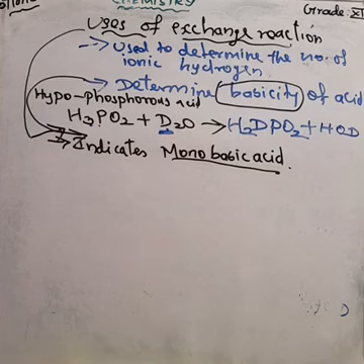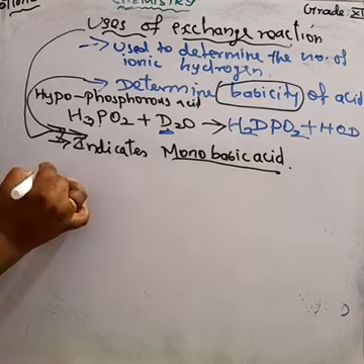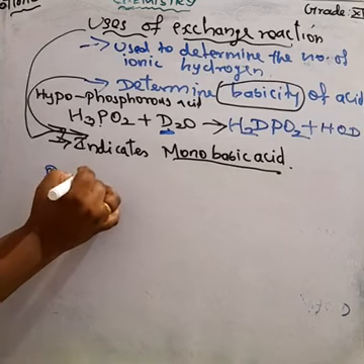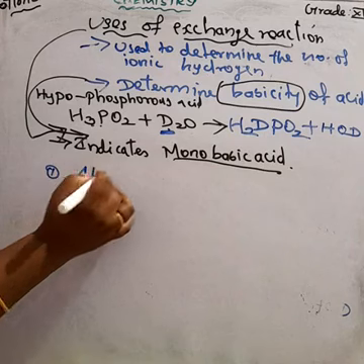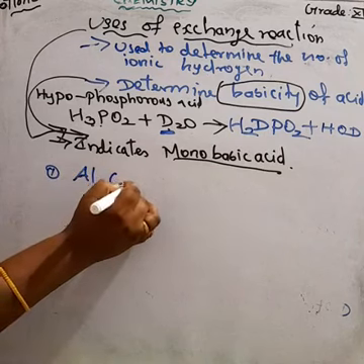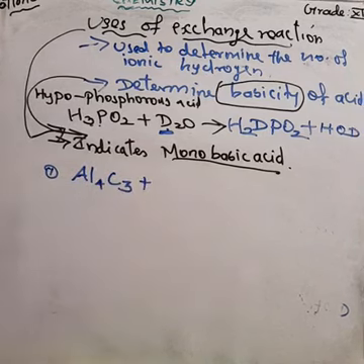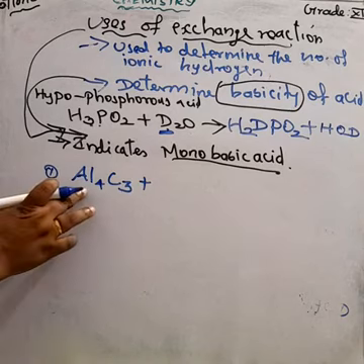For example, one example we are taking here is aluminium carbide. What is the formula for aluminium carbide? Al4C3. This is the aluminium carbide.